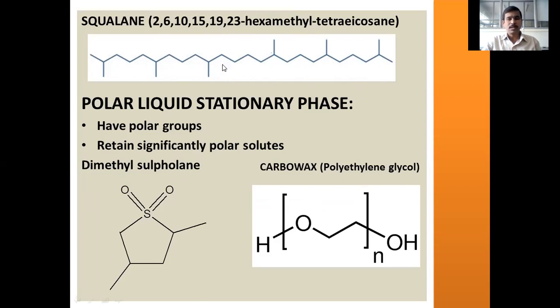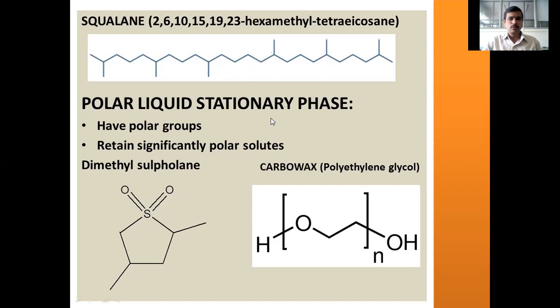So this does not have any double bond or electronegative atoms such as oxygen, sulfur, nitrogen, etc. Therefore, this is going to be non-polar. So like this, many non-polar stationary phases we can use. Even modified silica can also be put under non-polar stationary phase, but the scenario will be different for modified silica.